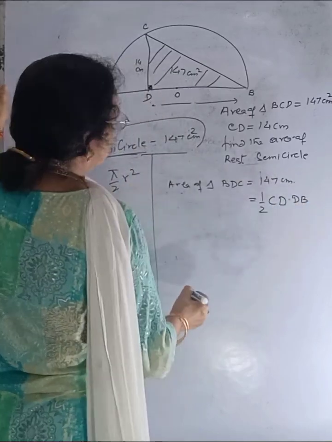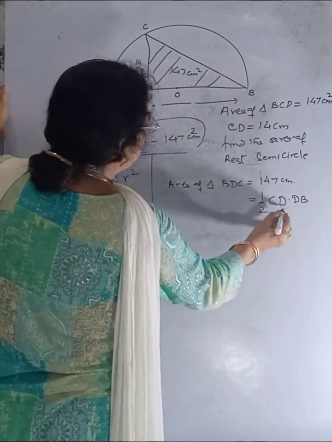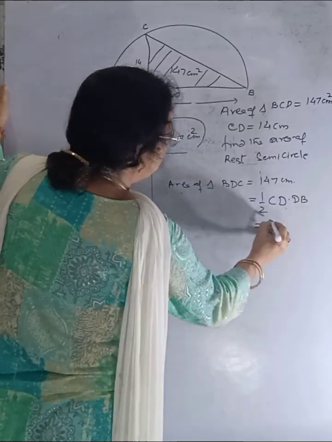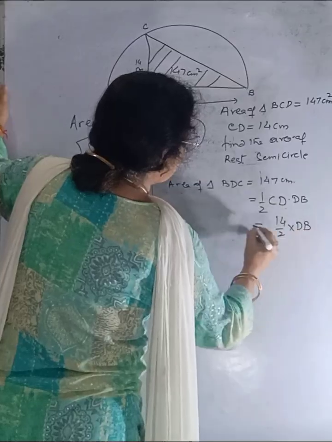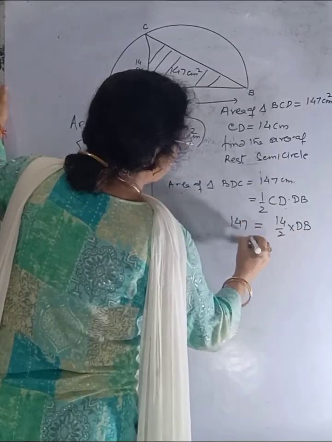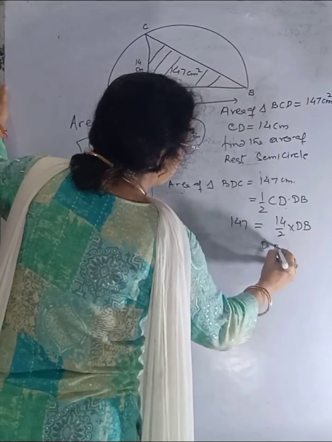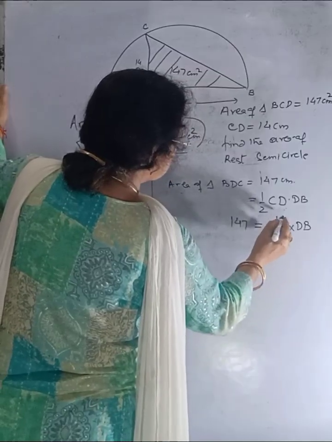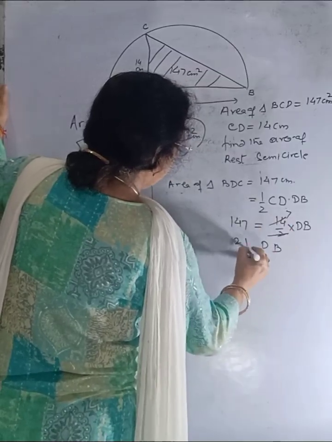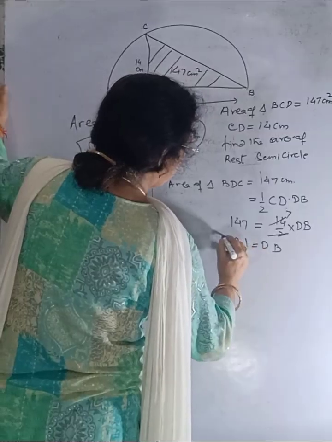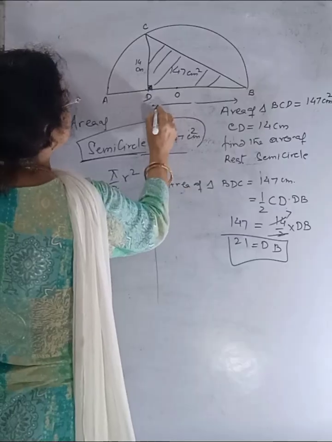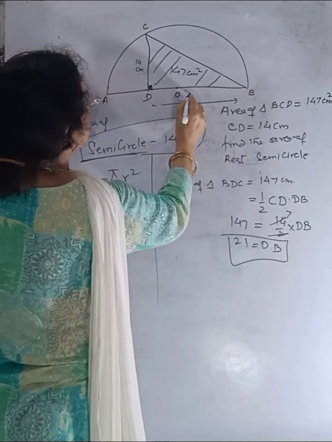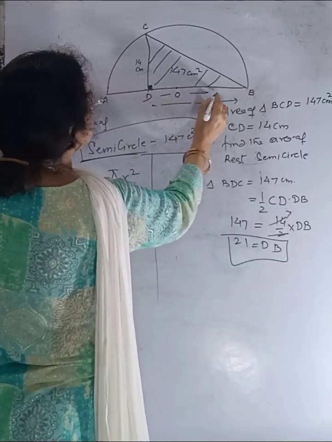CD is given as 14, so 14 by 2 into DB is equal to 147. It means DB can be obtained. DB is equal to 147 by 7, that is 21.